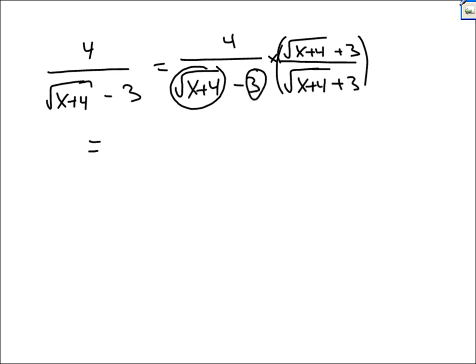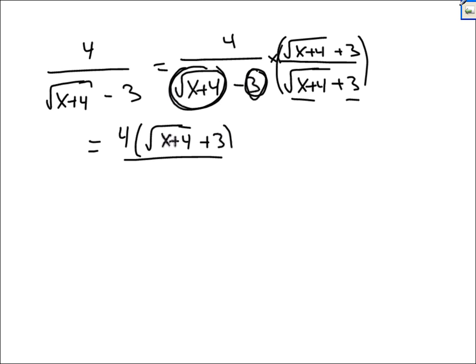Okay, for the top, you get 4 times the square root of x plus 4 plus 3. And in the bottom, well, this is my a minus b, and here's a plus b. So you get a squared, which is x plus 4, minus b squared, which is 9.